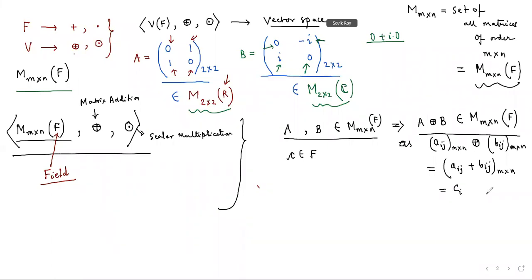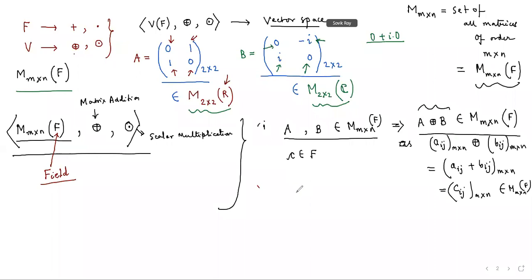We can consider this matrix as Cij m cross n, which belongs to M cross n F. And therefore, to each pair of matrices there is a unique matrix of the form A plus B.